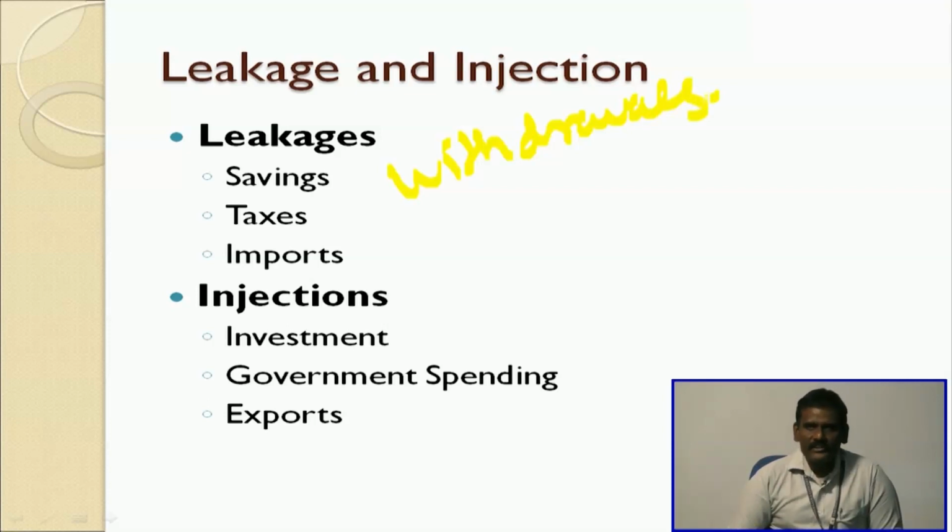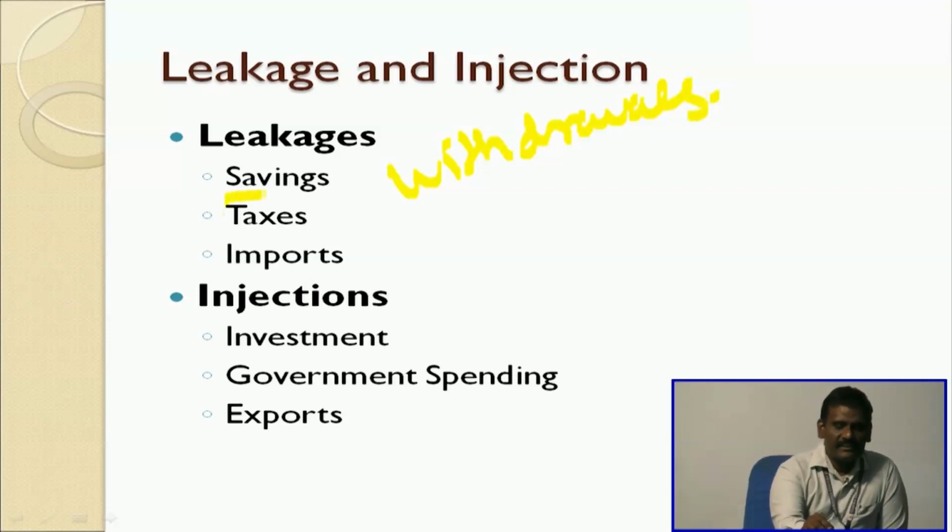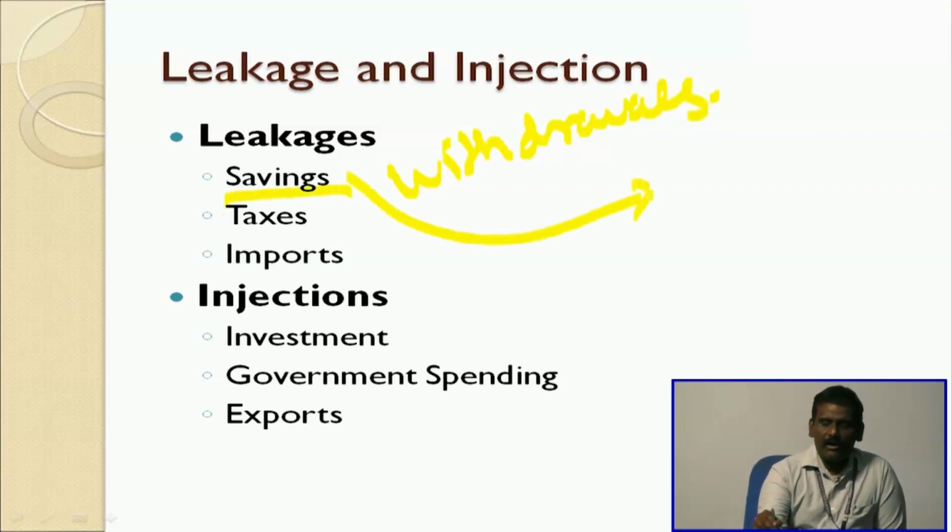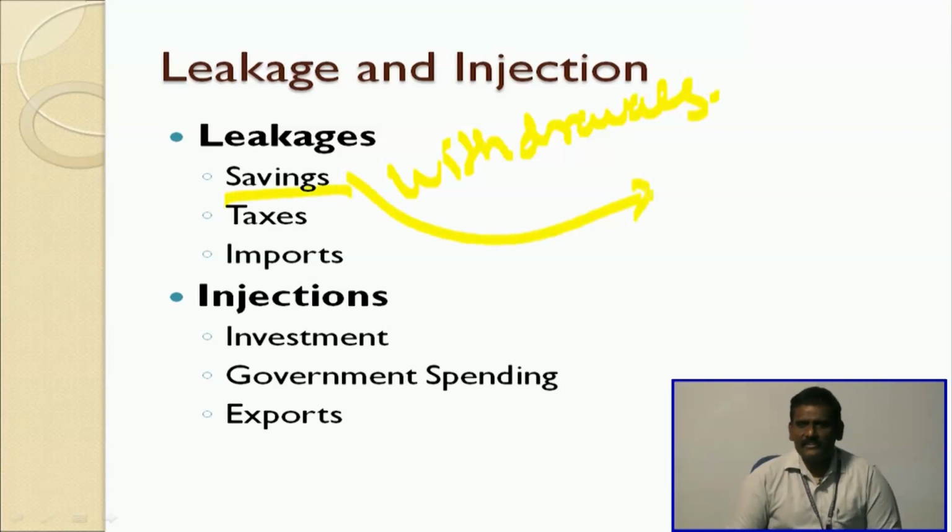The withdrawals from the different sectors of the economy, we can take as savings. How will we calculate the savings? Savings is equal to Y minus C. It means the income minus the expenditure on consumption. The remaining or residual portion is what we call savings.